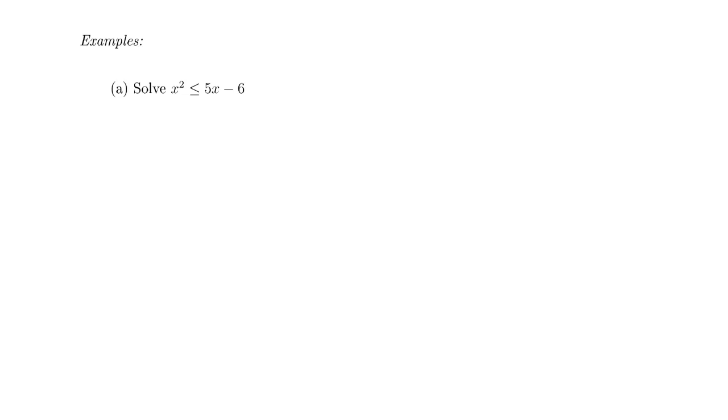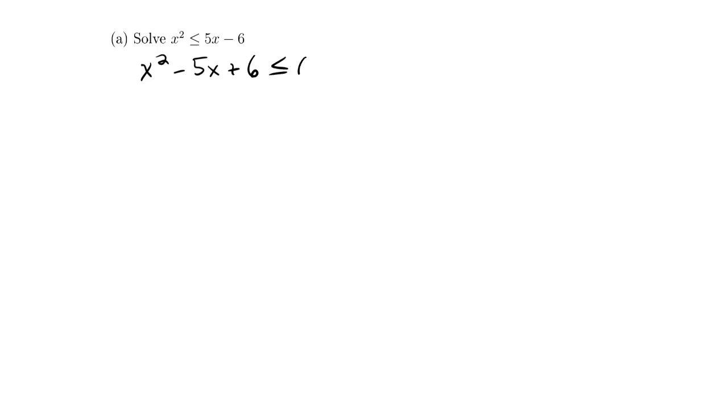So let's walk through an example here. Our first example is to solve x squared less than or equal to 5x minus 6. Just as I would with an equation, I'm going to get everything in this quadratic inequality to the left side. So let me take x squared, subtract 5x over, and add 6 over, and we get x squared minus 5x plus 6 is less than or equal to 0.